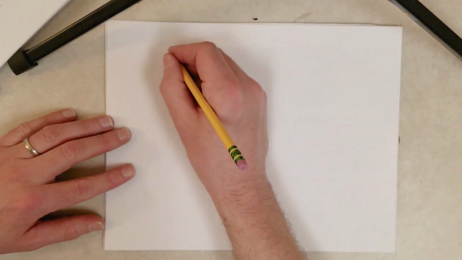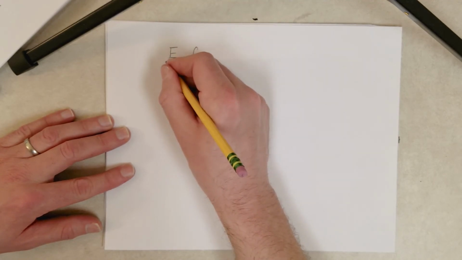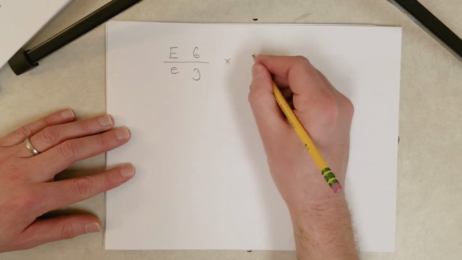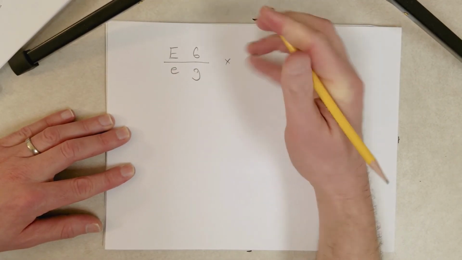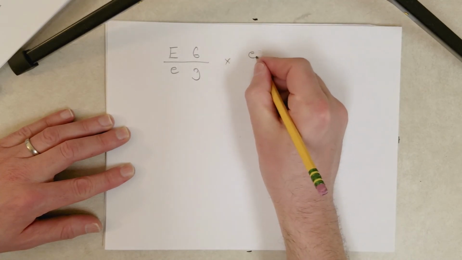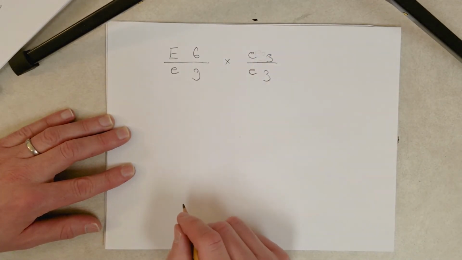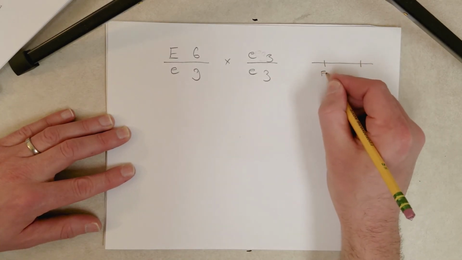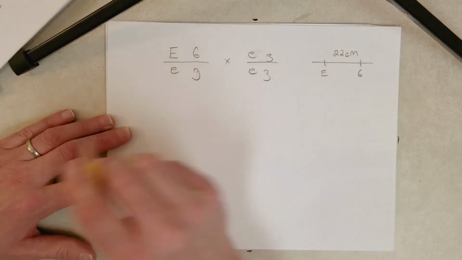So, for example, let's take genes E and G. Here is the heterozygous parent. And we're going to cross to a homozygous recessive parent. And the distance between E and G, I will tell you, is 22 centimorgans.